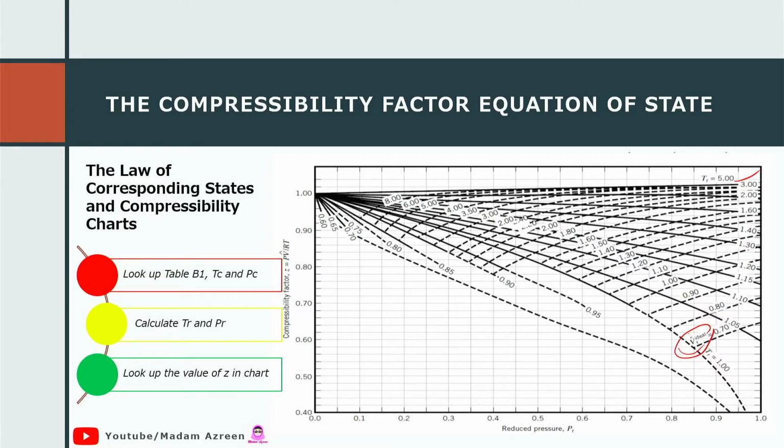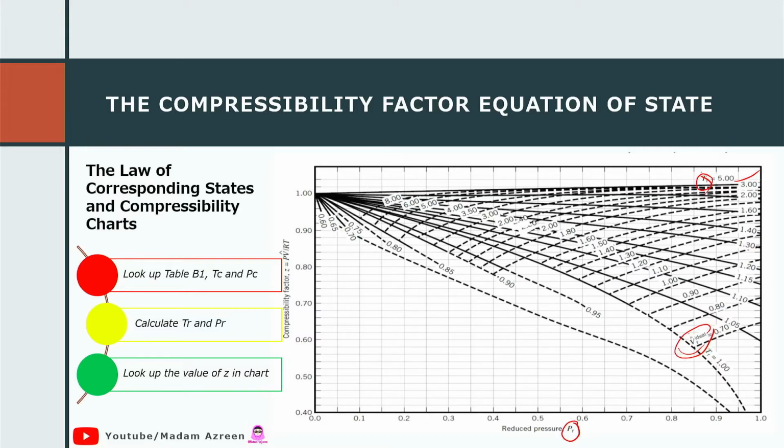Okay, and additional parameters have their own lines, so you can find the value of the compressibility factor based on either PR or TR, or you can use the value of PR coupled with the value of molar volume, or the value of molar volume coupled with the value of TR.